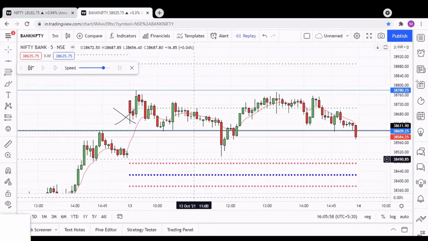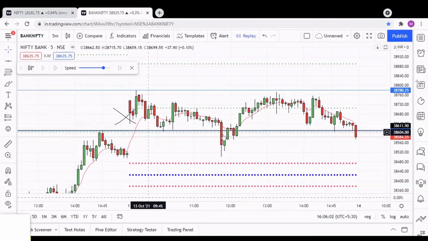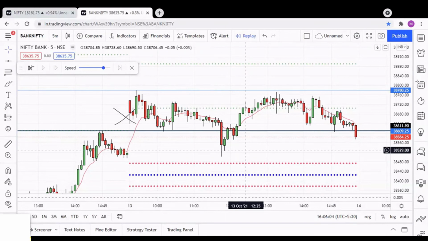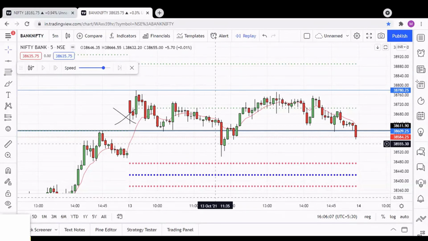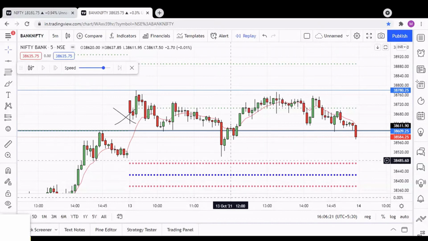Fine. Here, looking for the next opportunity, we can see this big red candle which broke the IBL, but we cannot go short at the close of this red candle because this candle is too big. We cannot place a stop loss above the candle and take a trade here. So the stop loss will be big and the target will be very small when we place a target at CPR.